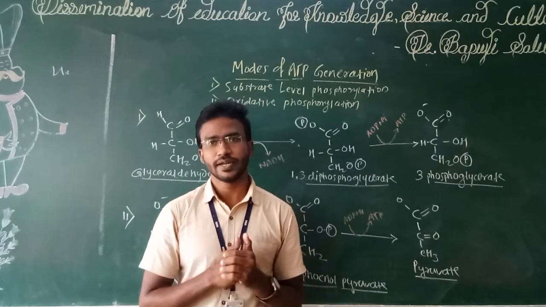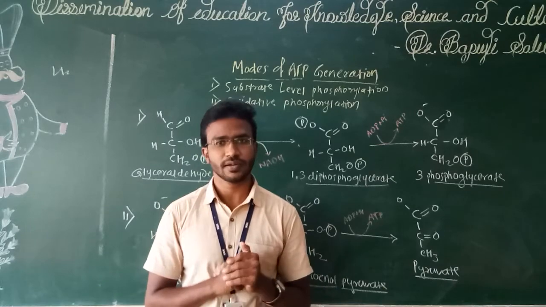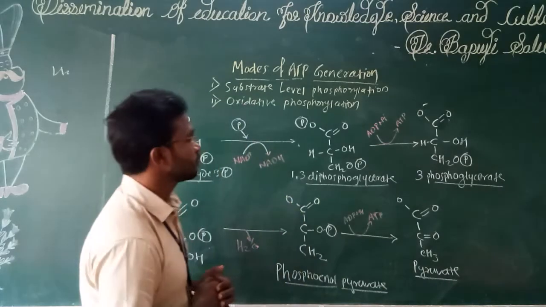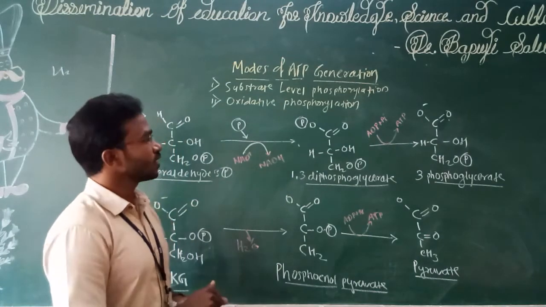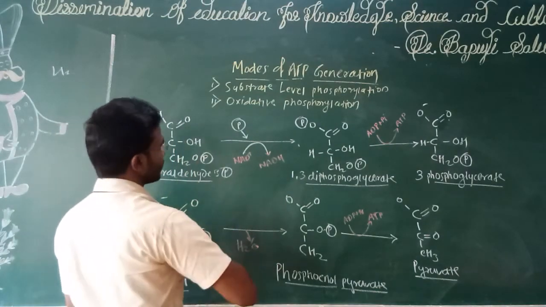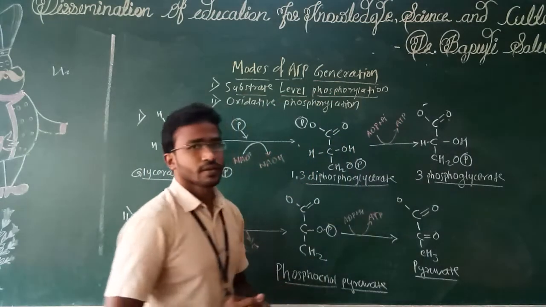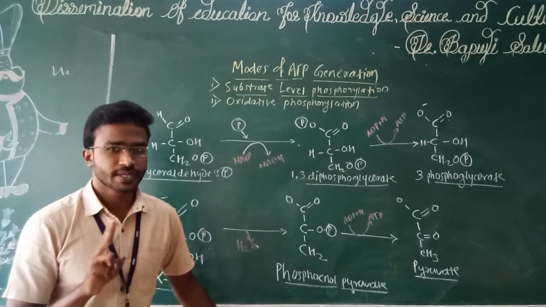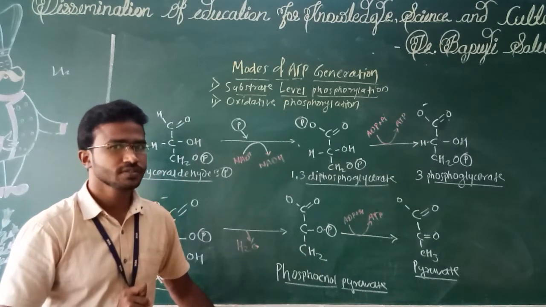How exactly is the energy stored in the form of ATP, or how exactly are the ATPs generated? There are two mechanisms by which ATP can be synthesized. There are two modes of ATP generation, which means there are two ways of ATP generation.